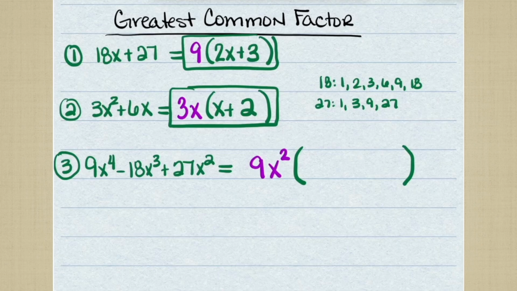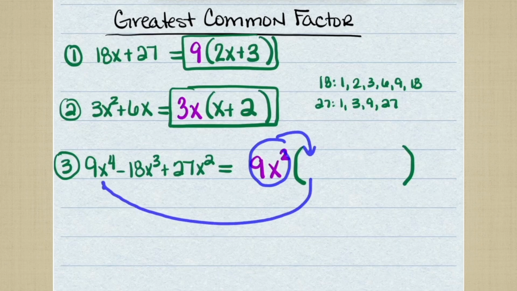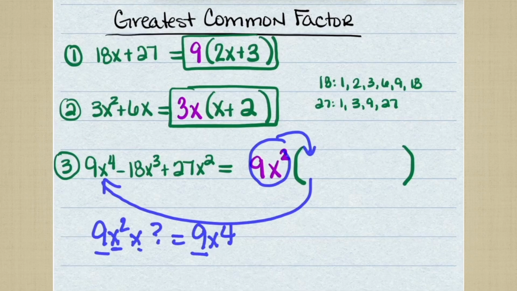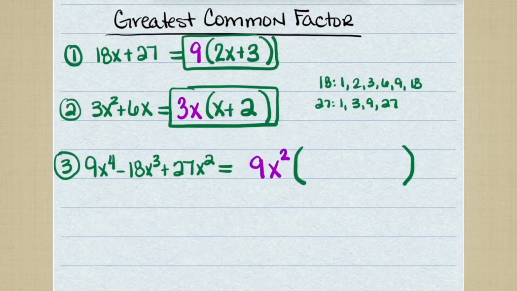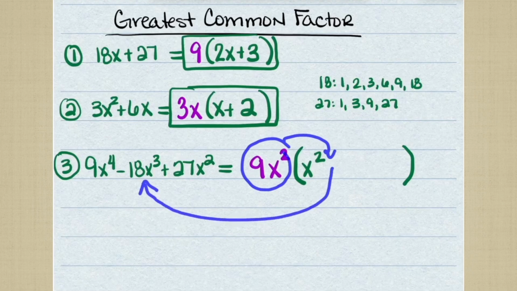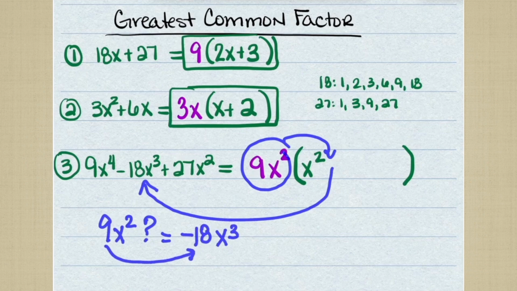So again, 9x squared times what will give me 9x to the 4th? Well, I already have the 9, and I have 2 x's. I need 2 more, so this is going to be x squared. And then 9x squared times what will give me a minus 18x cubed? Well, we know 9 times 2 gives me the 18, and I already have an x squared and I just need one more.